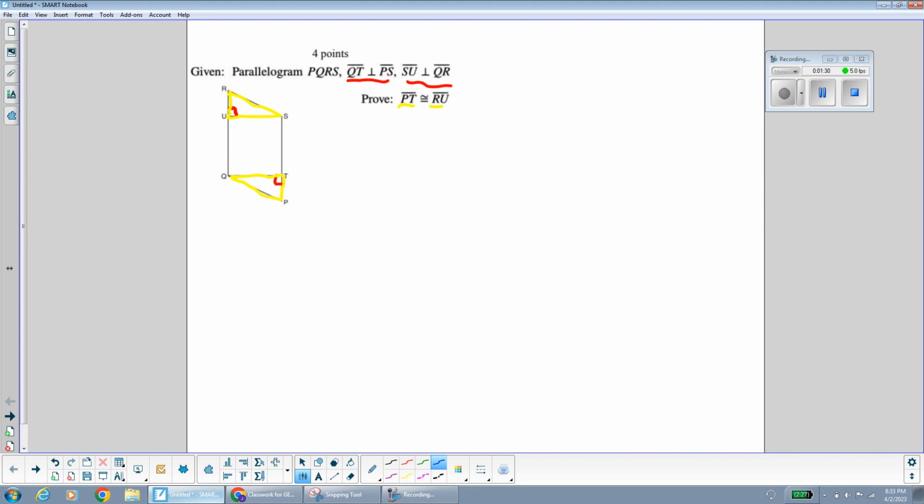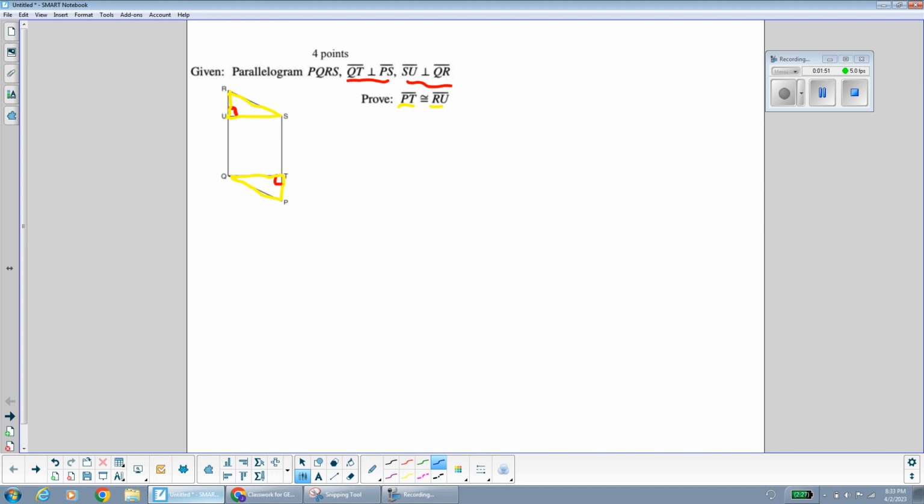Then, after I know for sure that the triangles are congruent to each other, I can use CPCTC to say that all of the other corresponding sides or angles, but here we're talking about sides, are also congruent. So step one, prove the two triangles congruent. Step two, use CPCTC to prove the proof statement.